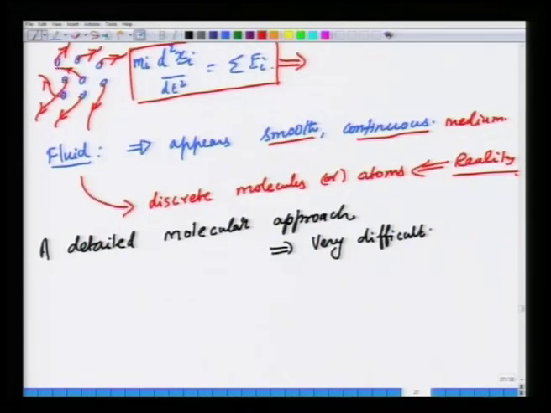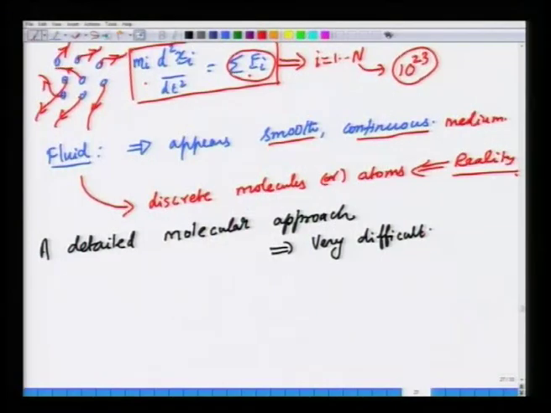Here the number of particles i goes from 1 to n, if n is the total number of molecules or particles, and this n is of the order of 10 to the 23, Avogadro number of molecules. Even if you consider 1 mole of a liquid like water, there are 10 to the 23 molecules. So, there are a huge number of molecules, and it is just not possible to solve Newton's equations even if we know all the forces accurately that are acting at a molecular level. So, a detailed molecular approach or solution to the problem is very, very difficult.